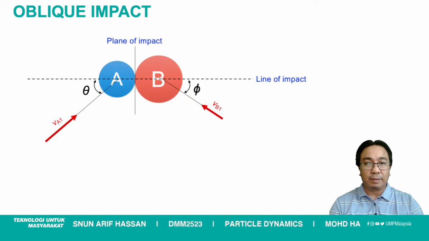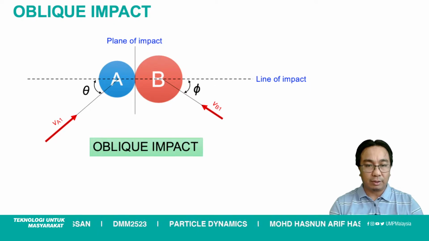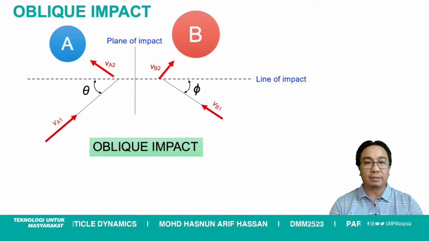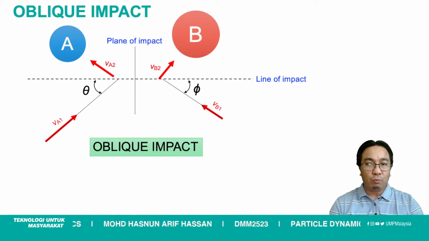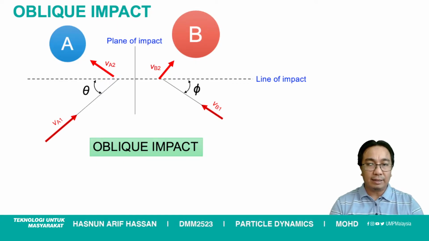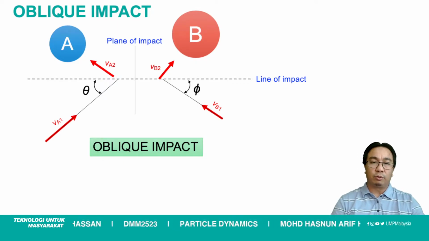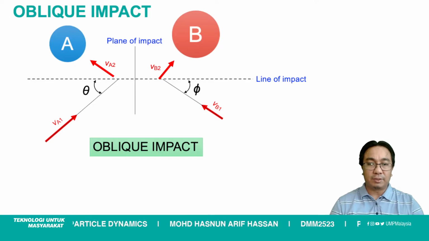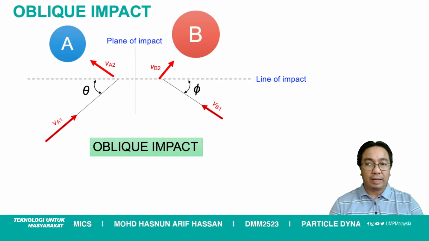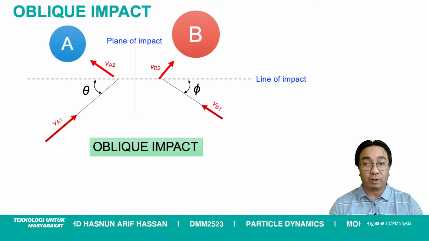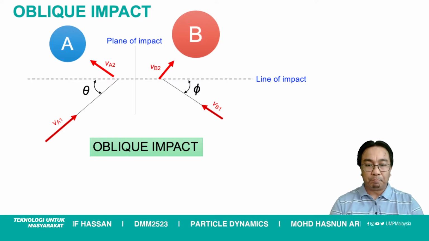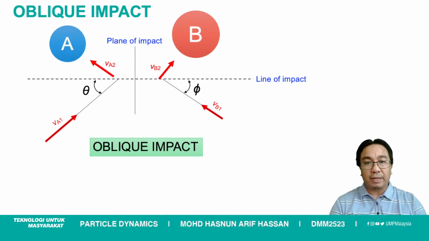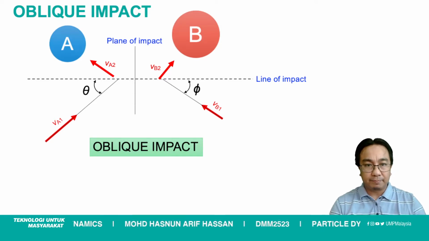Due to the impact, the particles might be traveling in these directions after the impact. So we have VA1 and VB1 at angles, and VA2 and VB2 also have angles. This is different from central impact, where there is no angle involved for the velocity. These two characteristics differentiate the central impact from the oblique impact.